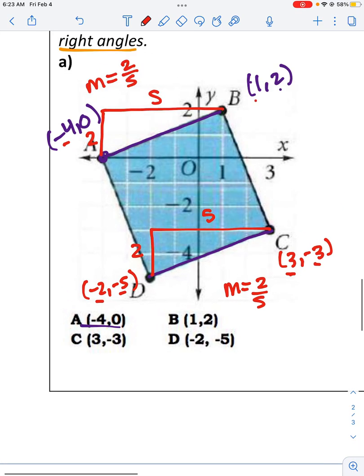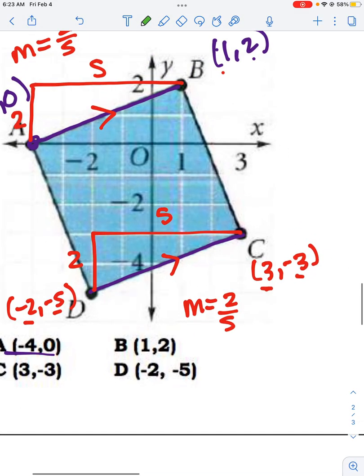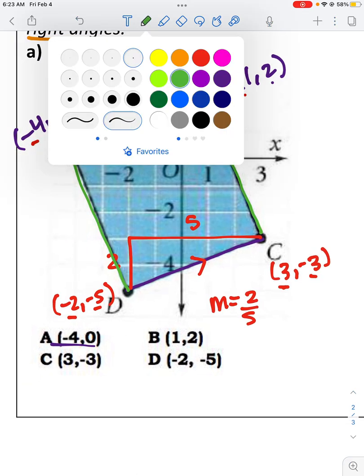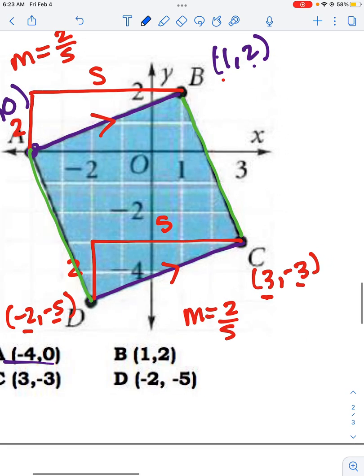So I know that these lines are parallel, and I can prove it with these slopes. Then I want to also check that the other sides are parallel. So BC and AD. So if I make a slope triangle, this is going from 1 to 3, so I'm going over 2.